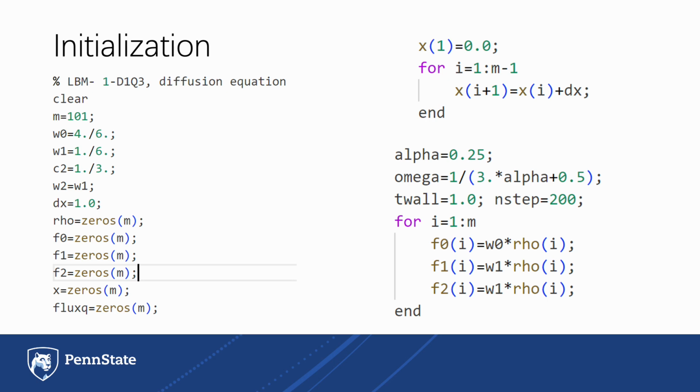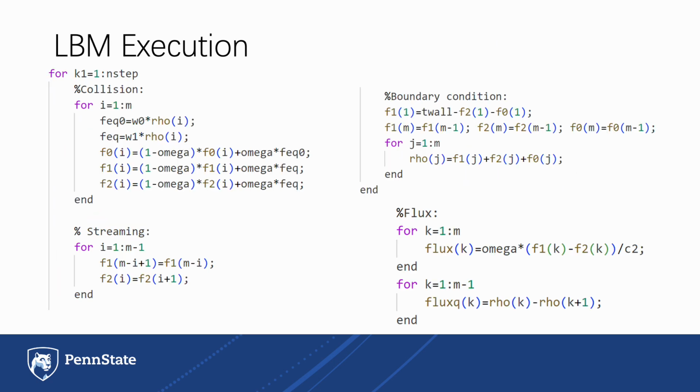We also want to calculate our property, which we are going to call rho, but it could be theta. It's just the result of averaging the distribution function as we are actually solving the diffusion equation for heat. So this means we are going to find the normalized temperature. Initializing the properties, the weighting factors, and establishing the value of the distribution functions at zero.